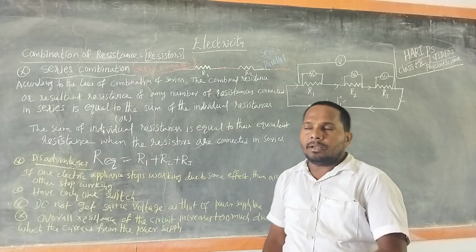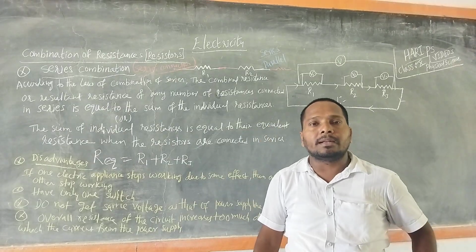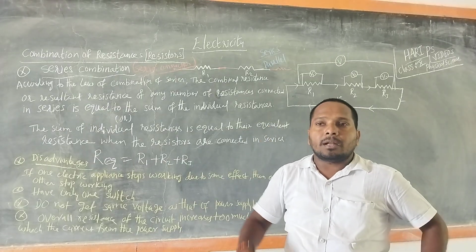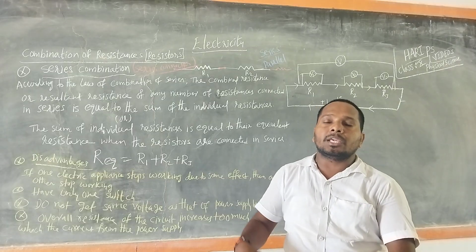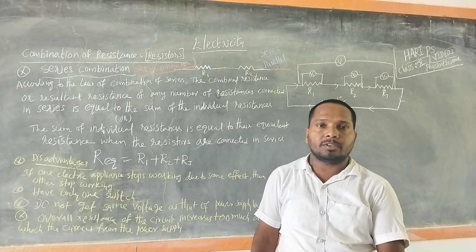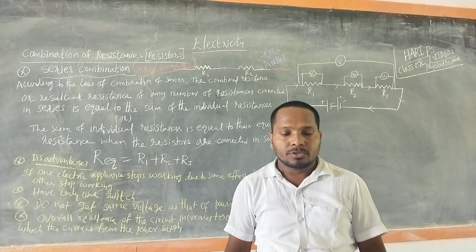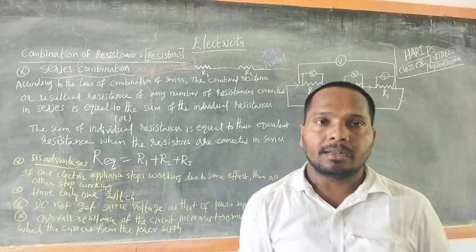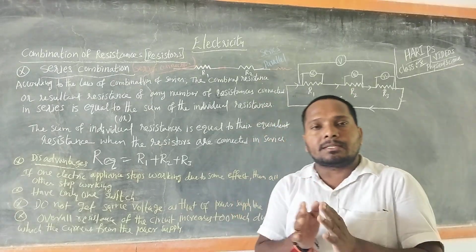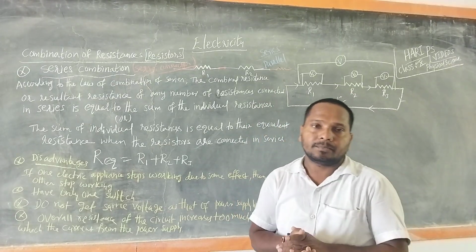So what happens if the resistors are connected in series? What about the resultant or the equivalent resistance? Let us understand what happens if the resistors are connected in series.